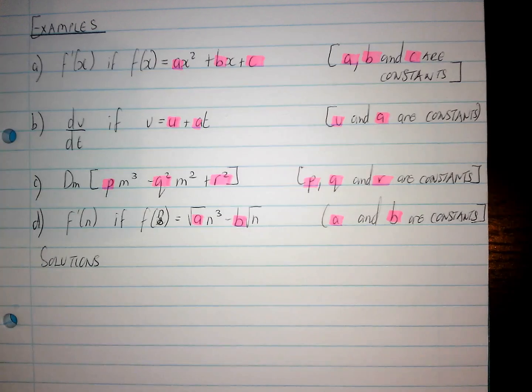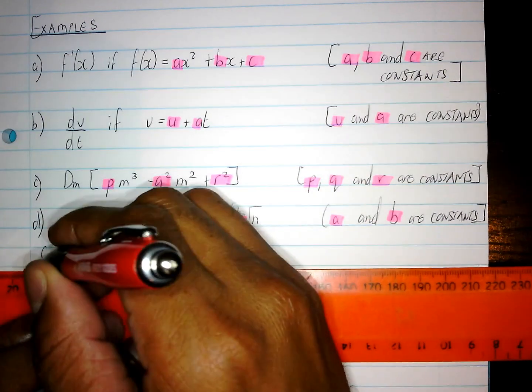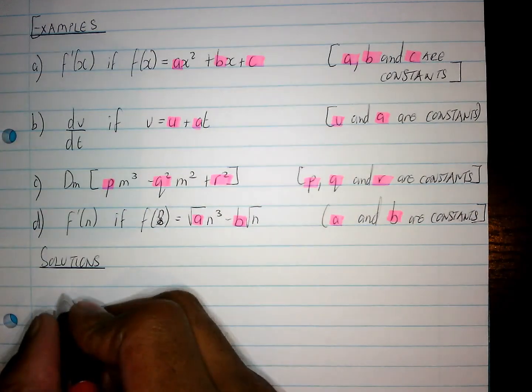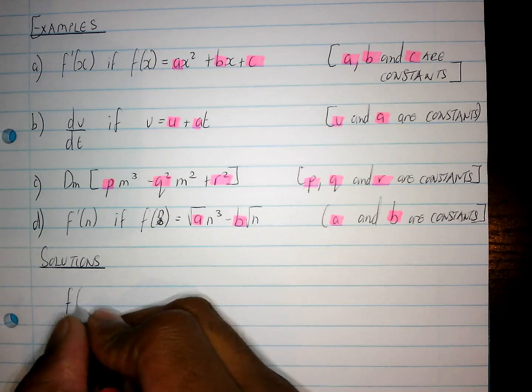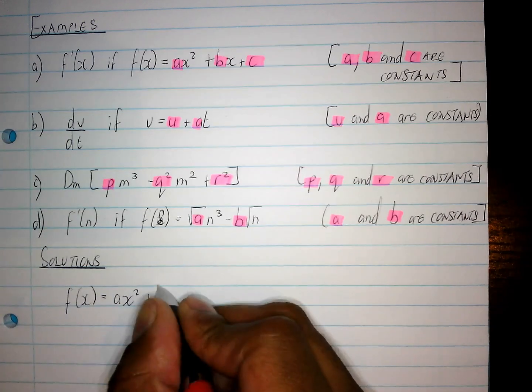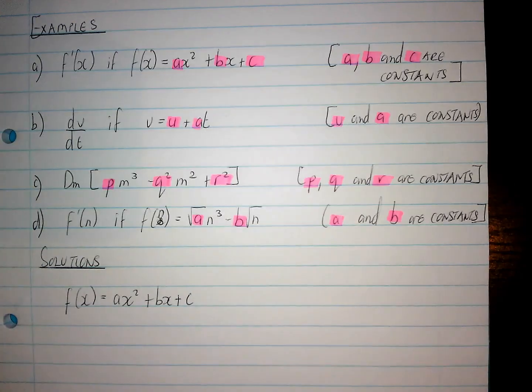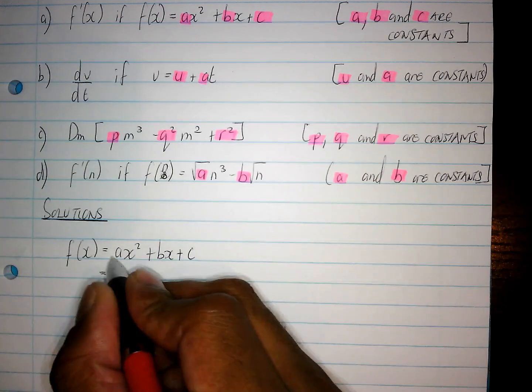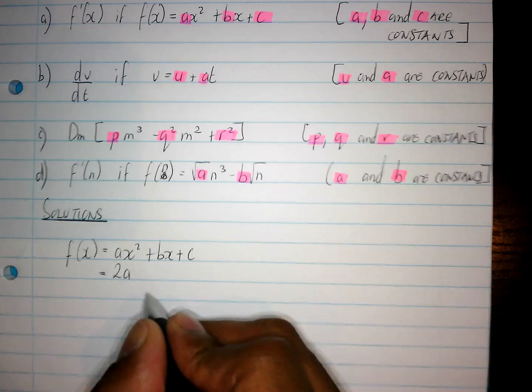Right, now let's solve the following. Here we have an equation, F of X equals AX squared plus BX plus C. Now A is a constant, so it's going to be 2 multiplied by A, which is 2A.